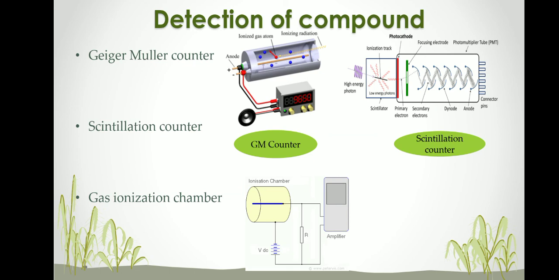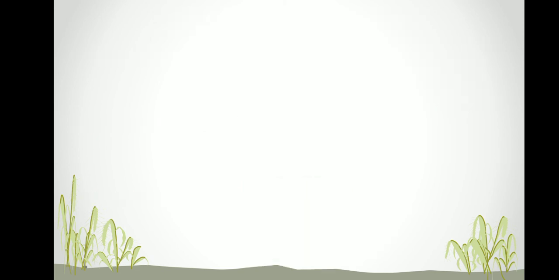So detection, first three methods are Geiger-Müller counter, scintillation counter and gas ionization chamber. Next ones are mass spectroscopy and NMR spectroscopy. Mass spectroscopy is used to detect labeled compounds such as nitrogen 15 and oxygen 18 labeled compounds.